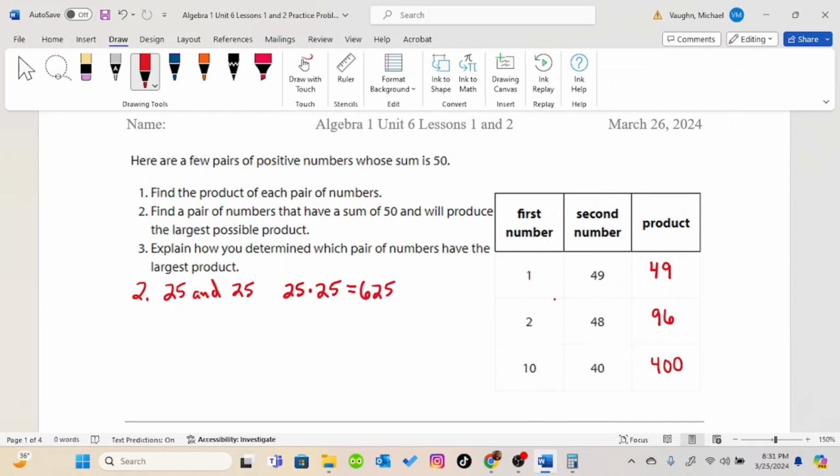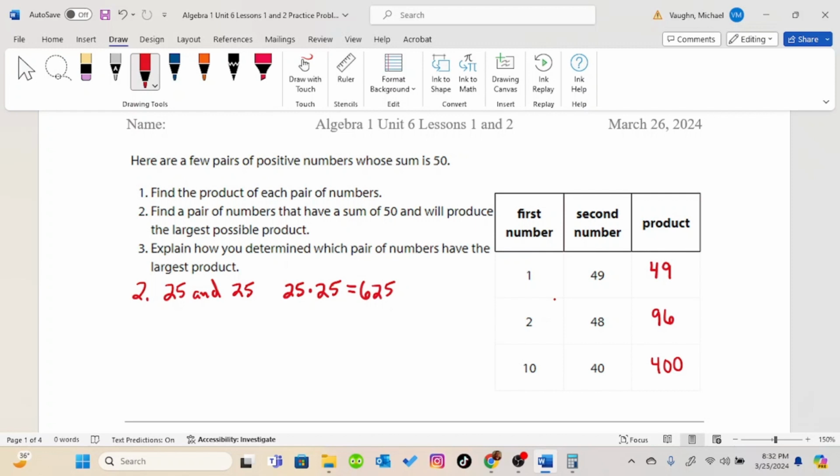Number 3. Explain how you determined which pair of numbers have the largest product. What I want you to notice is that the first number is getting larger: 1, 2, 10. And the second number is getting smaller by the same amounts.